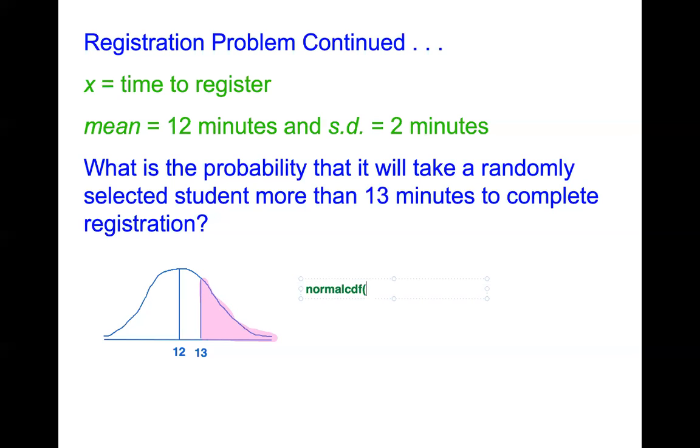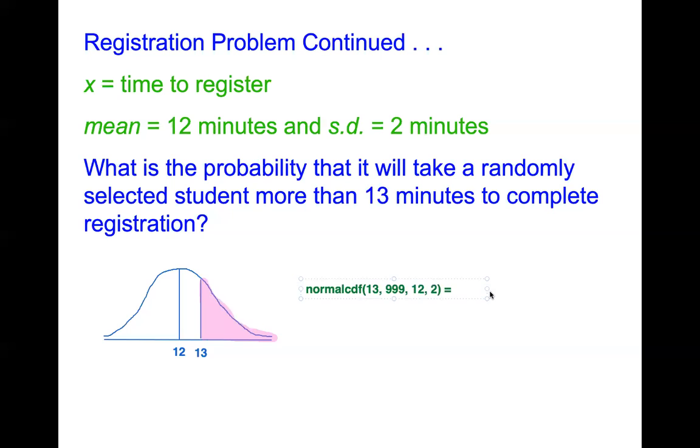So look at the shaded region. The pink, right? What is the left bound? 13. Good. What is the right bound? 999. Good. What's the mean? 12. And standard deviation? 2. Good.